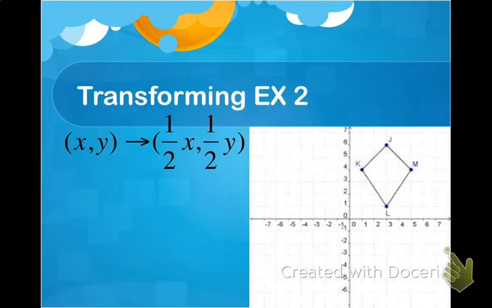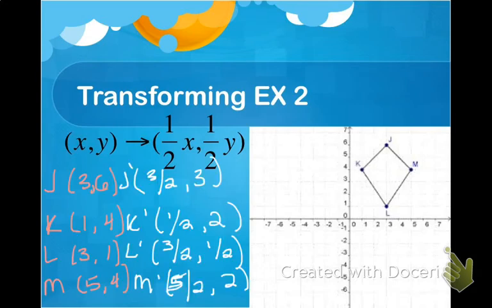All right, let's look at one more. I'm going to take the same 4 points and I'm going to use the transformation rule shown above. So my points after the transformation, you'll see in the white lettering. Now I'm going to plot them. So let's start off. J, we go to (3/2, 3).